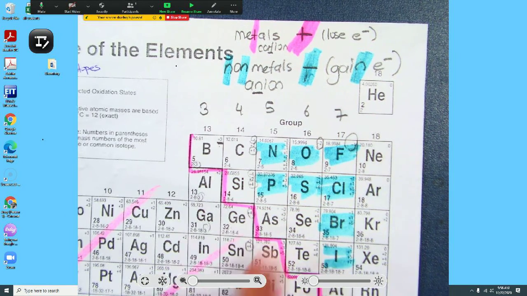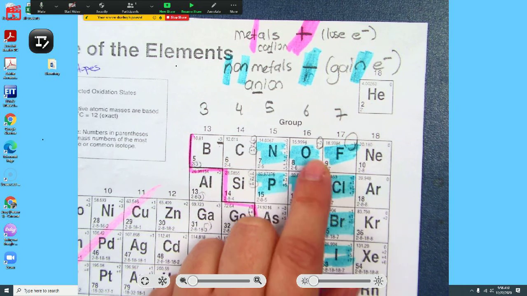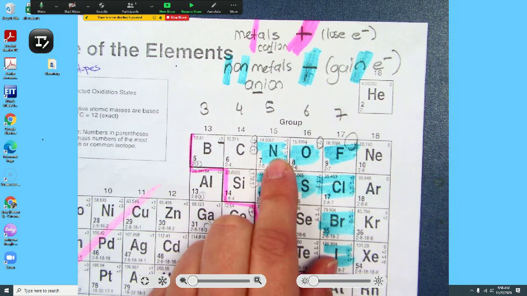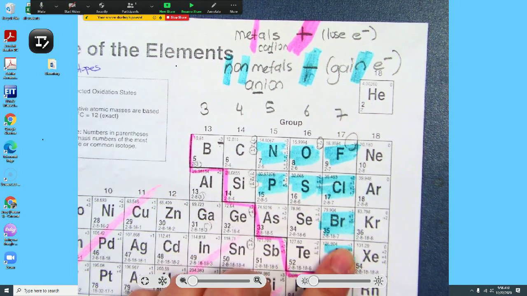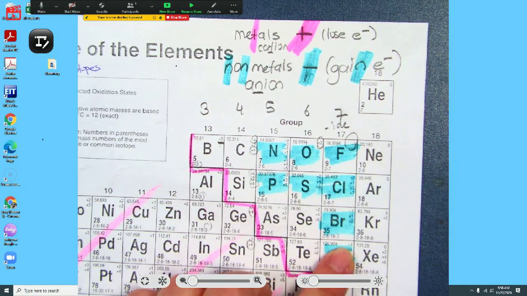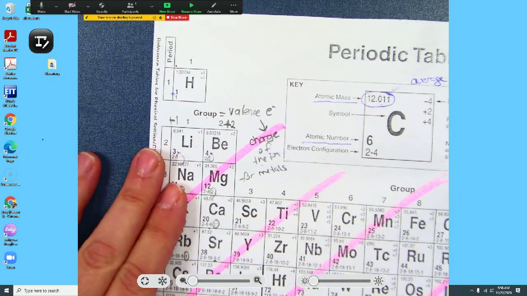Okay, we also talk about naming them. Fluorine, fluoride, oxygen, oxide, nitrogen, nitride. Okay, sulfide, chloride, bromide. It's going to take -ide at the end. And for metals, we are just going to call them lithium ion.